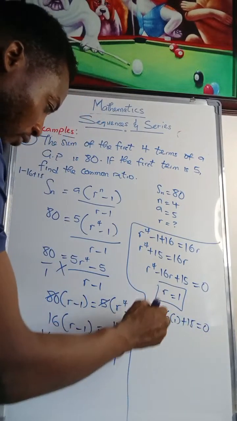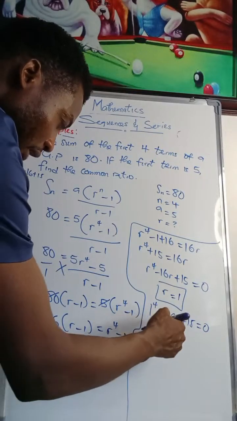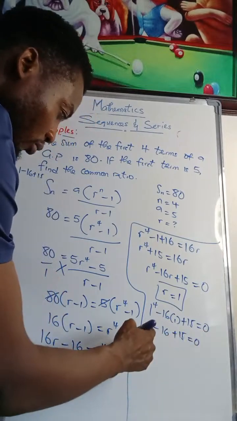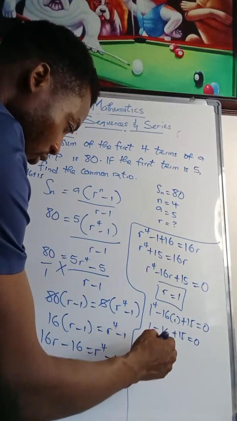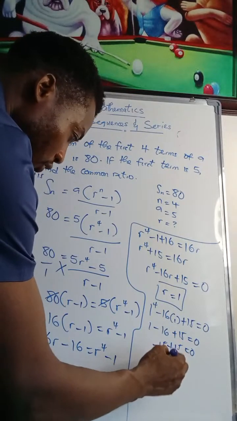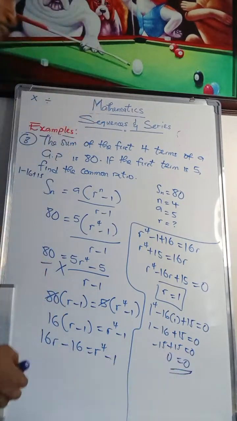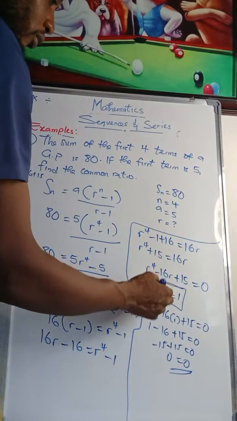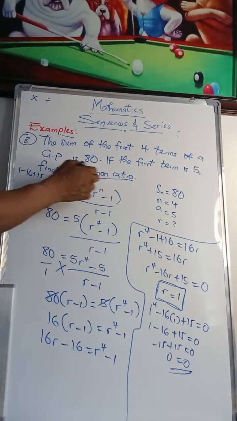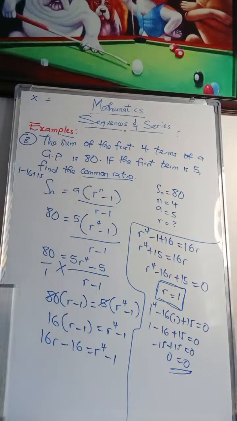Right, so 1 raised to power 4 will give us 1. 16 times 1 will give us 16, plus 15. So 1 minus 16 will give us minus 15, plus 15 will give us 0. So 0 equals to 0. That means that our r is equals to 1. And that's what the question asks to find. Find the common ratio. Our r equals to 1.